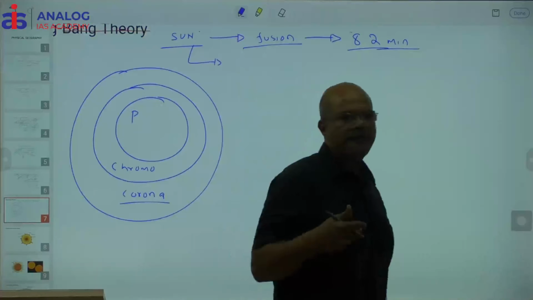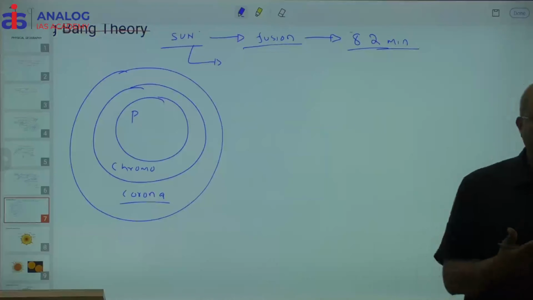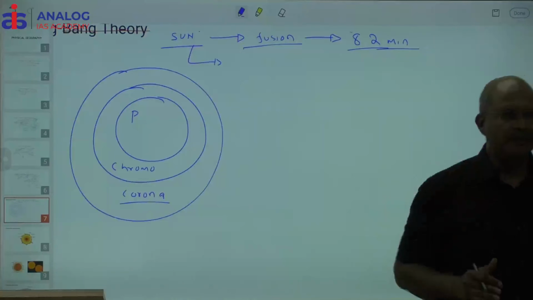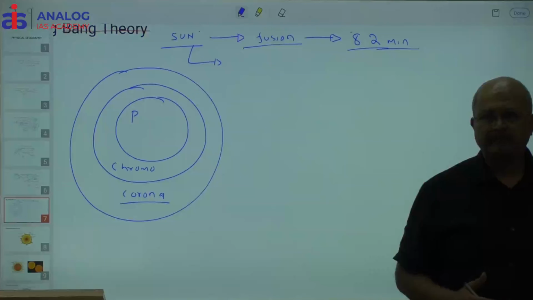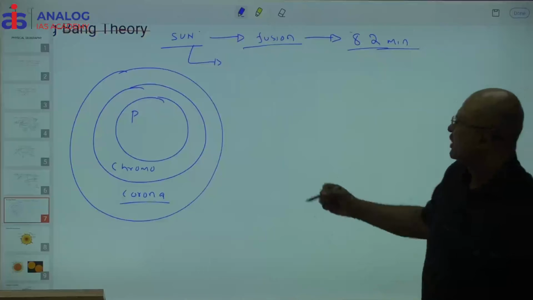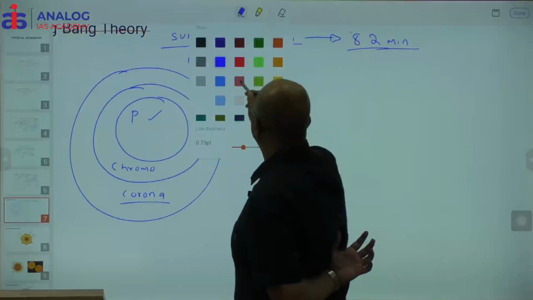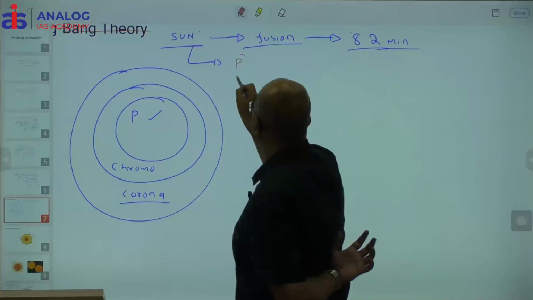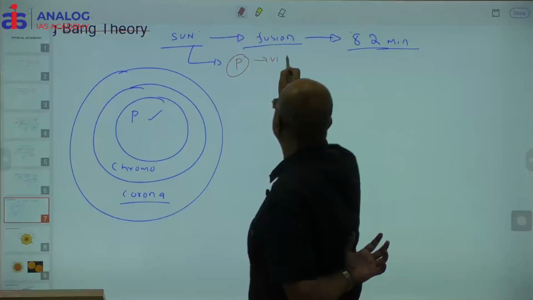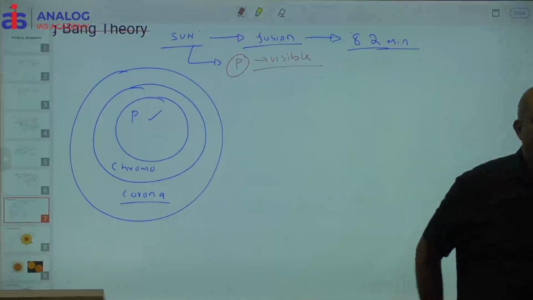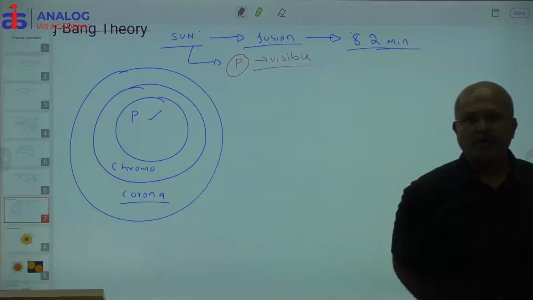Now, which part of the Sun is visible all the time? Whenever we see the Sun, the photosphere is always visible. Now when is the corona visible?